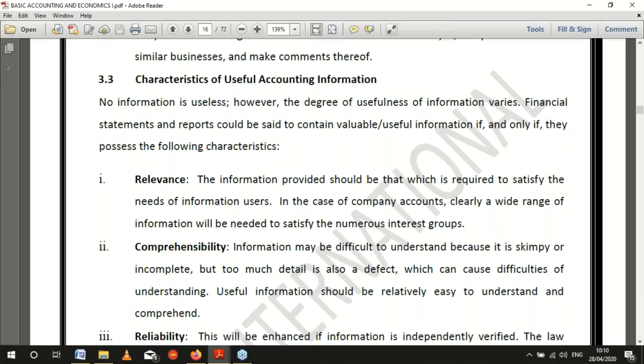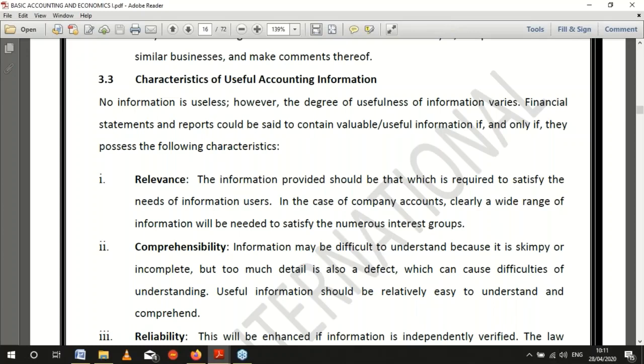Number one, state the fundamental accounting equation.